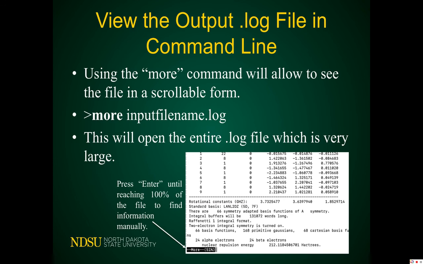You can either hit enter to go all the way through until the bottom shows 100%, or you can click through as far as you'd like, hit q, and return back to your regular command line where you're able to then continue extracting information. You don't have to manually go through the entire file in order to extract the data, but you do have to open the file to begin with in order to extract the data going forward. So next slide.